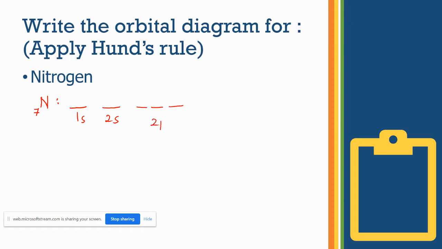Of course, it will be very useful if you can write the SPDF notation first, before you write the orbital diagram. What's the SPDF notation for nitrogen? It will be 1s2, 2s2, and 2p3.